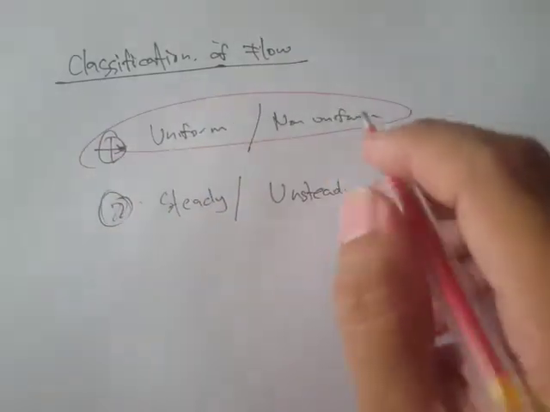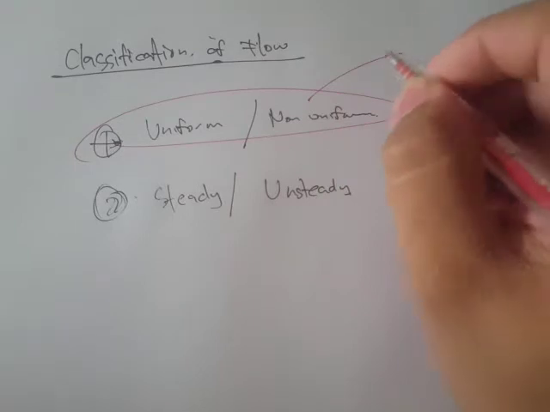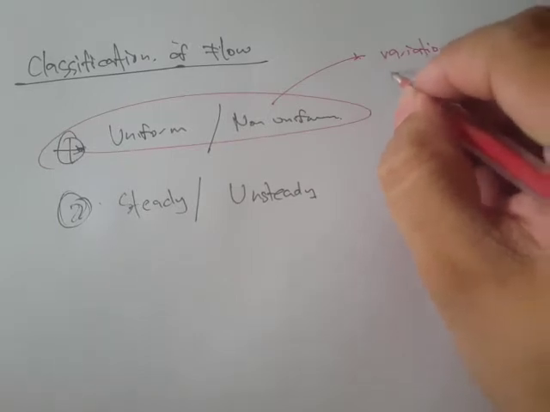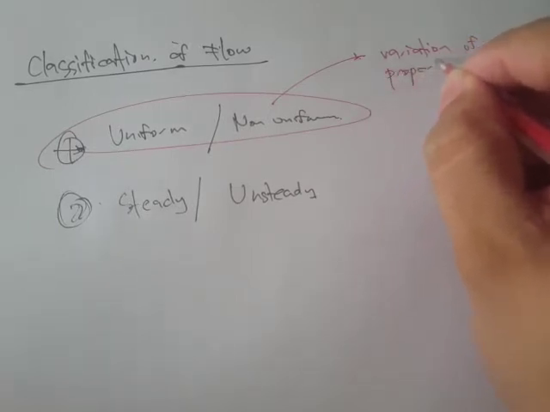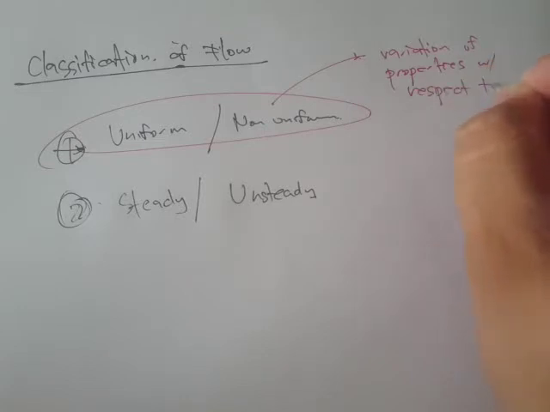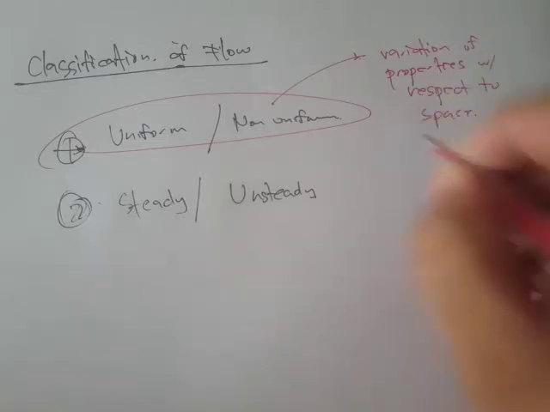Okay, so when we talk about uniformity of flow, we talk about variation of, let's say, properties with respect to space.